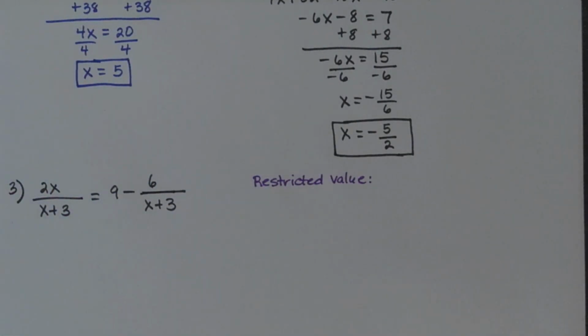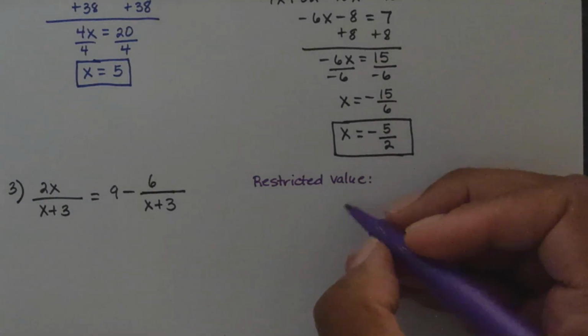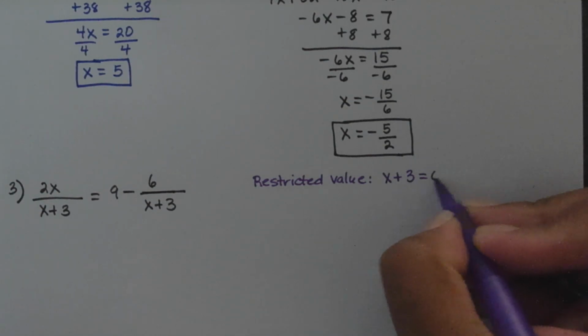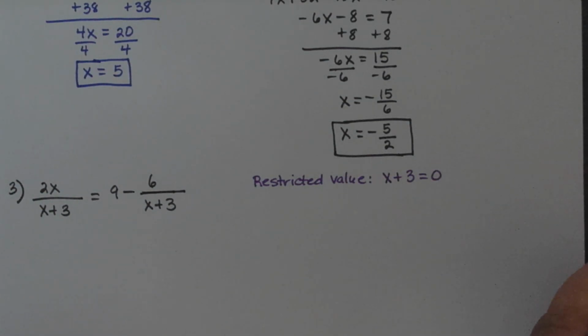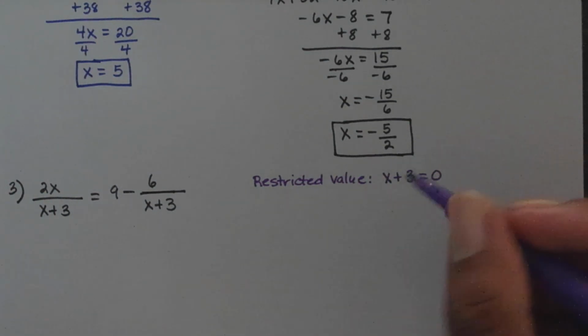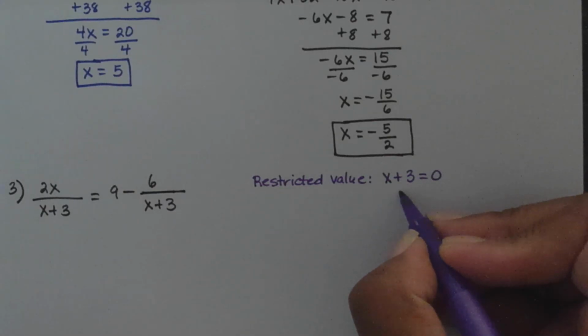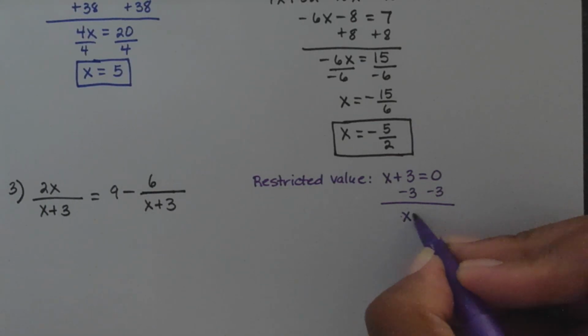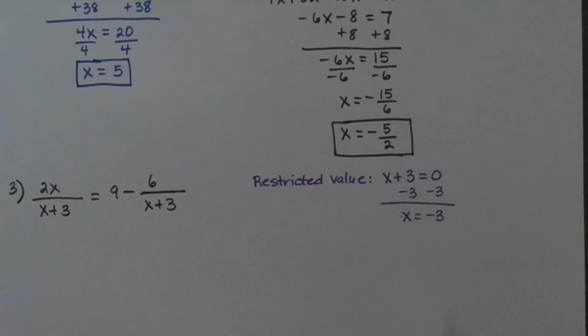Now notice we only have the x plus 3 in the denominator, so we'll just take that and set that equal to 0, because we want to find out what value of x will give us a 0 in the denominator. So if x plus 3 equals 0, what must x be equal to? Negative 3. So the restricted value in this case will be x equal to -3.